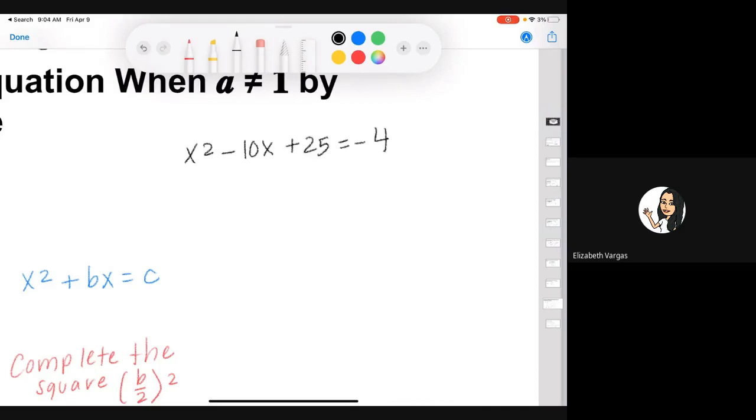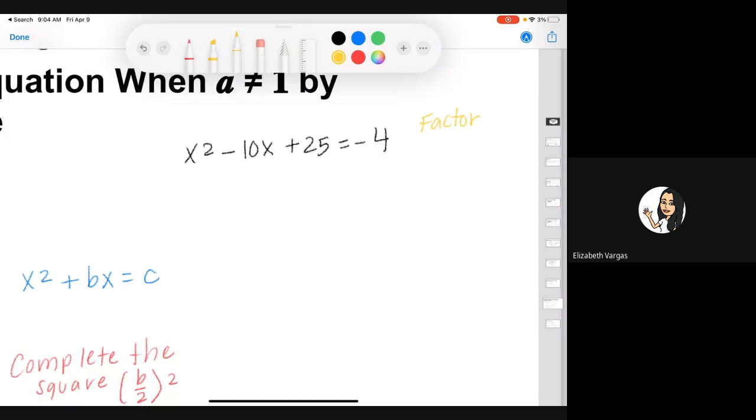Now I have an equation that is a perfect square trinomial, and because of that, I can factor that perfect square. A perfect square trinomial gives me a factor which can be squared to give me that equation.